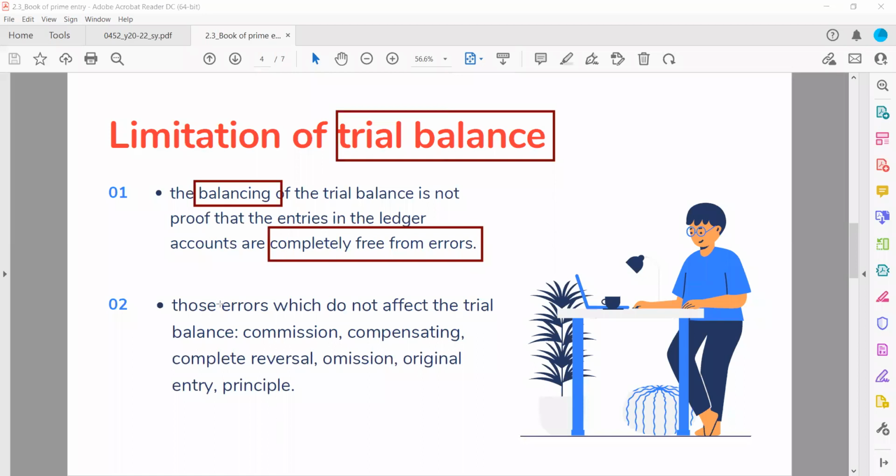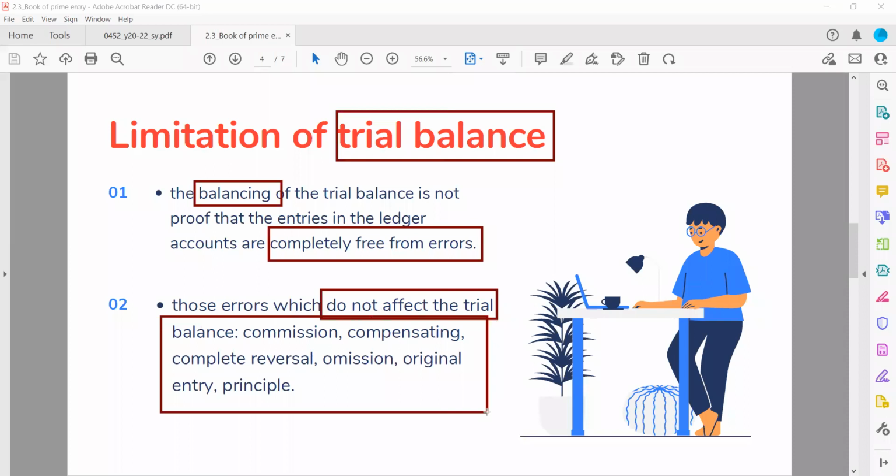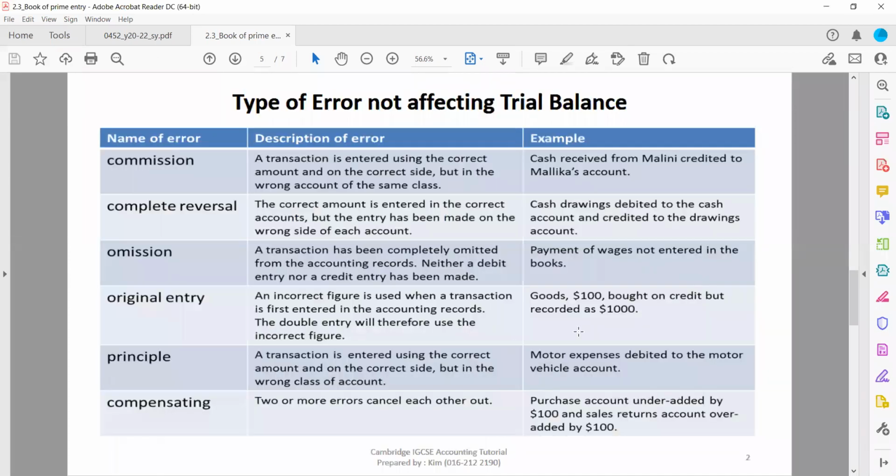Why can the errors not be detected? Because there are 6 errors that do not affect the trial balance. These are the 6 terms: commission, compensating, complete reversal, omission, original entry, and principal. We'll go through the next slides to see the difference between the 6 terms.